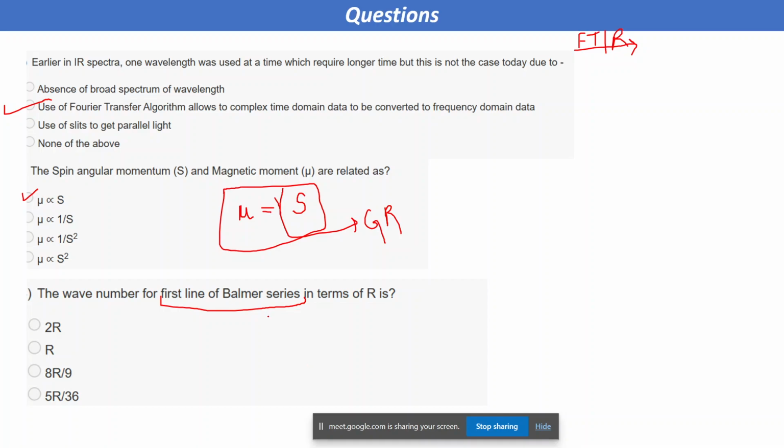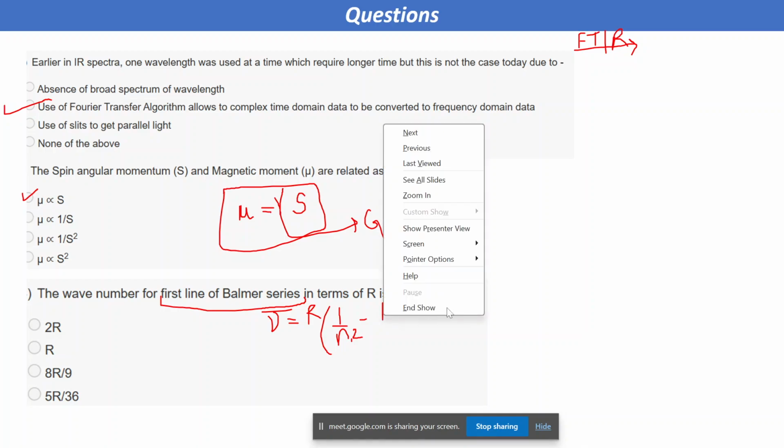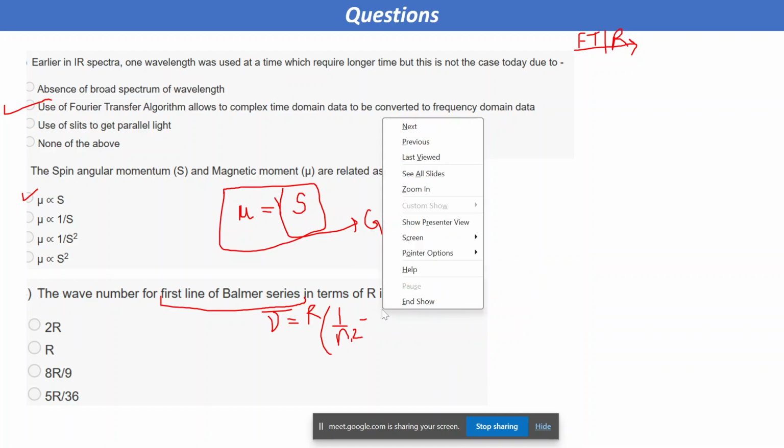You know this formula: wave number is equal to R times 1 upon n1 square minus 1 upon n2 square. So what are n1 and n2? We are talking about the Balmer series.